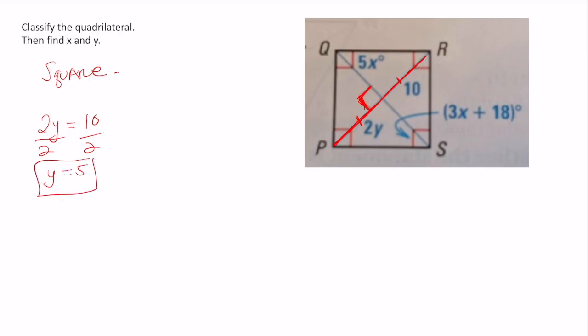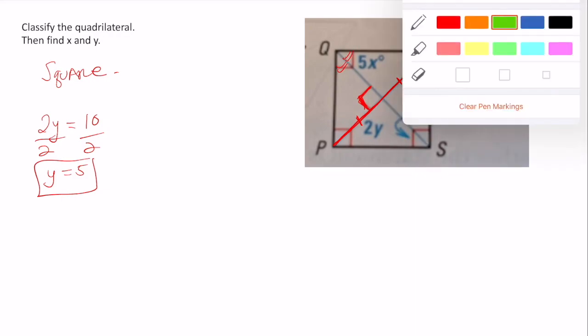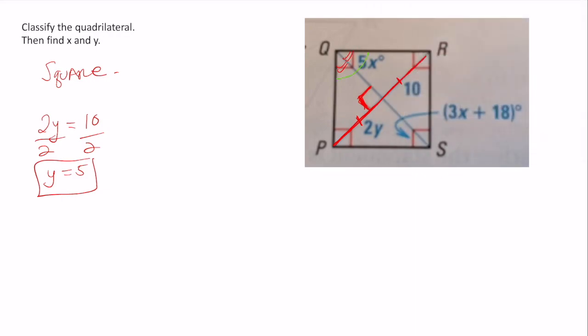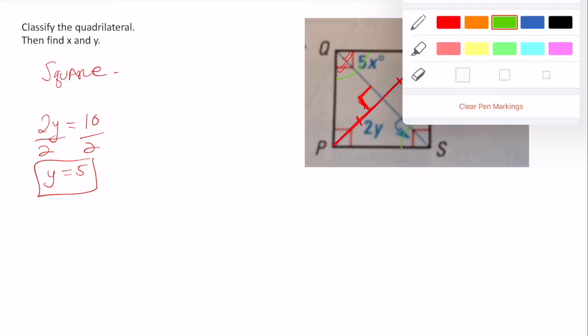So it's pretty easy. Now for x, remember the diagonals of a rhombus bisect each other, right? So I know that 5x is the same as whatever this little angle is over here, but I know that this whole angle, I'll switch colors for a second just to point this out, I know this whole angle is the same as this whole angle. And if the whole angles are the same, then half of those angles is also the same, right?